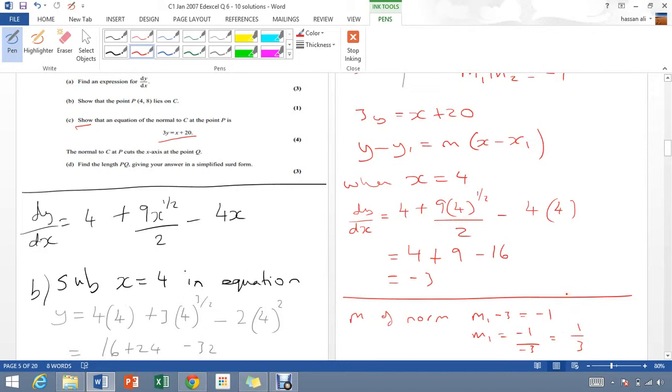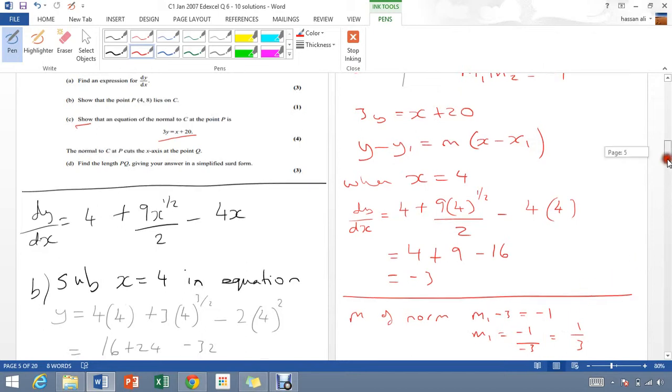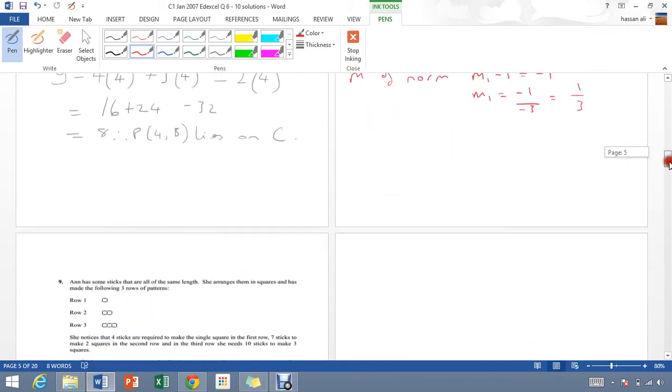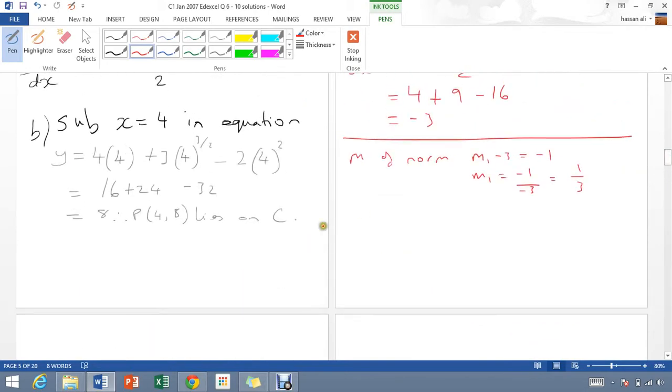Okay, so what we have to do now is work out our equation. For that one, remember we use y minus y1. So in this case we had our point 4, 8, so y1 is 8.